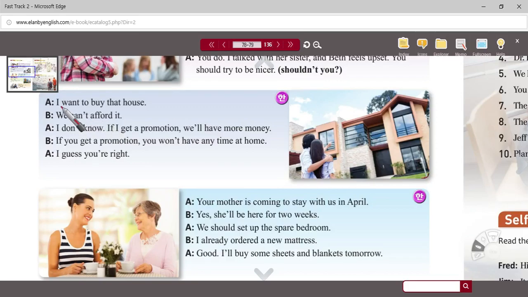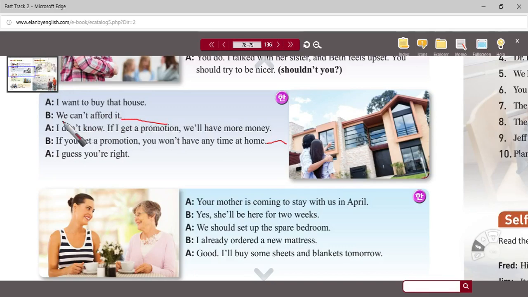Now the first one, I want to buy a house. That's the person wants to buy a house. That's almost a fact. Here, we can't afford it. So I would probably put the tag here, and probably another one here as well.